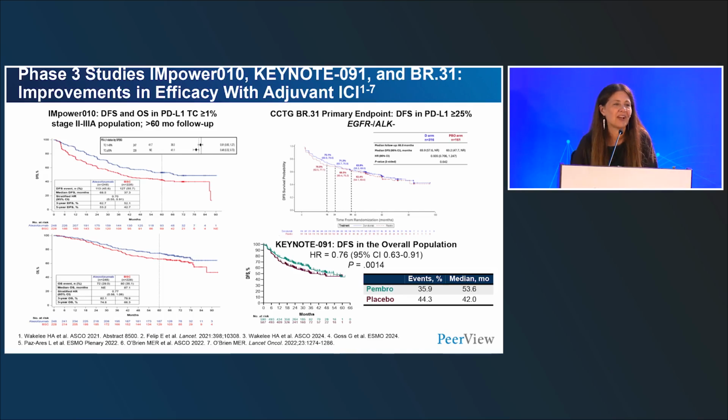So of the trials, IMpower010 with atezolizumab, we now have 5-year data, which I got to present last year at ASCO on a nice poster. And we do see that you have continued disease-free survival benefit in patients who have PD-L1 expression in their tumors of any level. And that's actually amplified in those with PD-L1 greater than 50%.